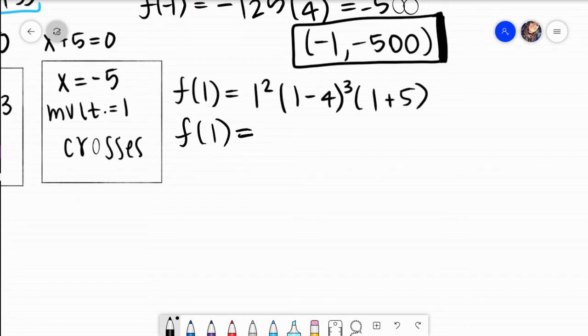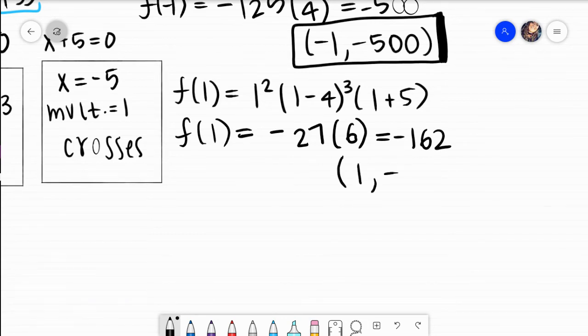You would subtract and keep the sign of the larger. I get a -3. -3 cubed would be a -27. And then if you look at 1 plus 5, signs are the same. I add and keep. I got -27 times a +6, which gives me a -162. This is telling me that when my x value is 1, my y value is a -162.